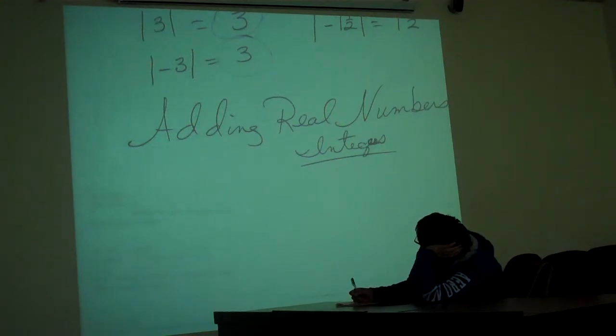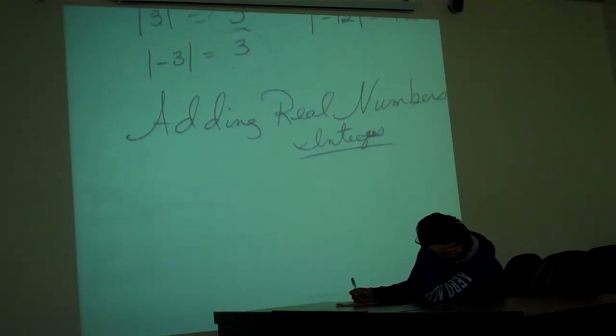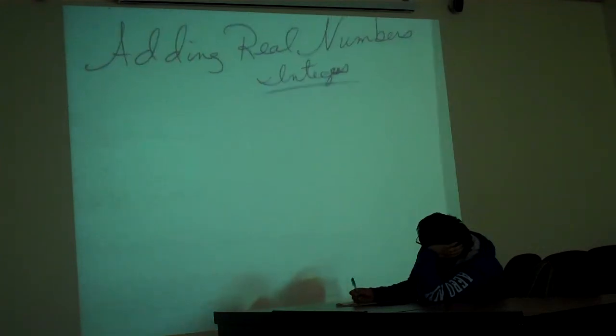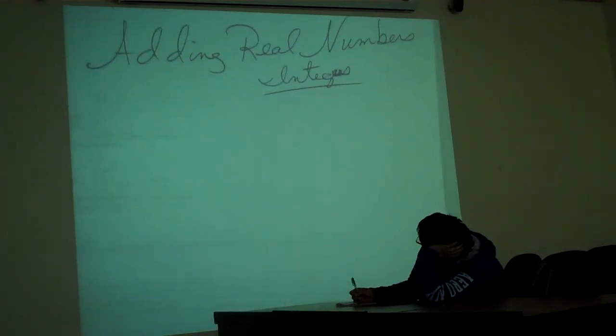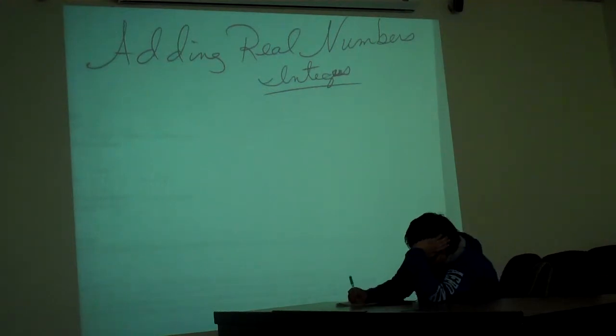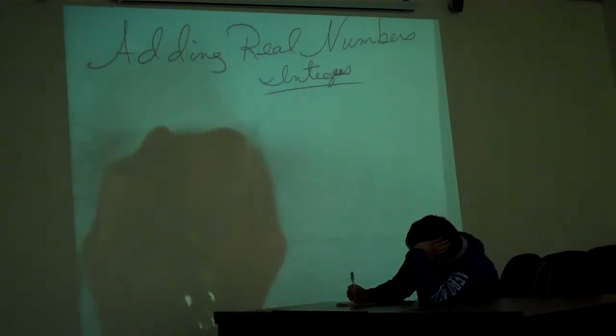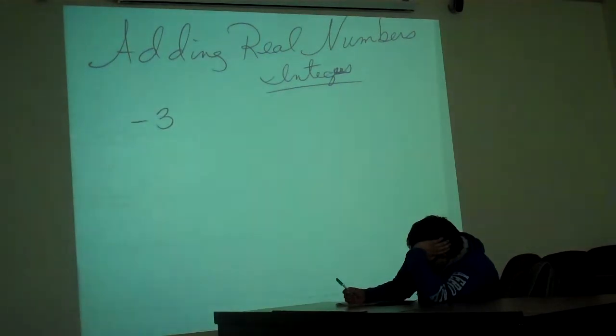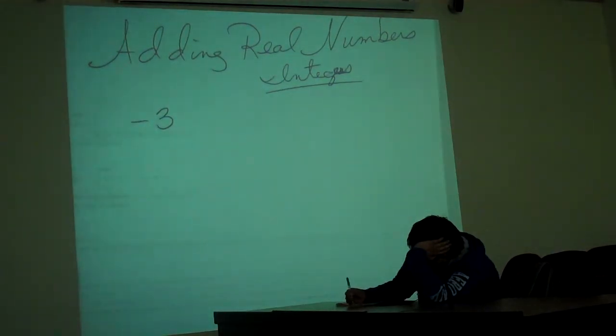And since a lot of people know how to add numbers when it comes to owing money and having money, that's usually a good way to look at these numbers as money. If you have a negative 3, think of it as owing $3.